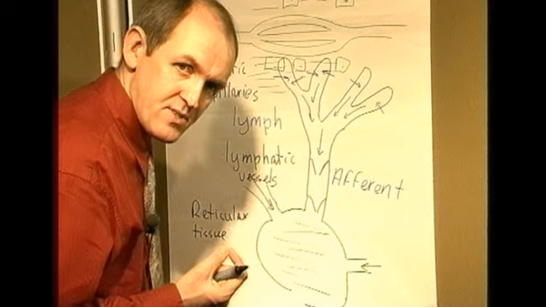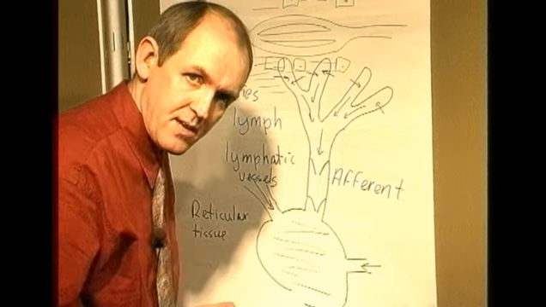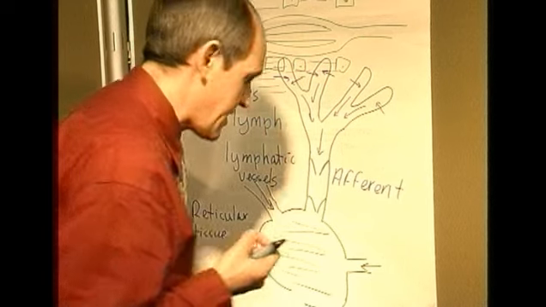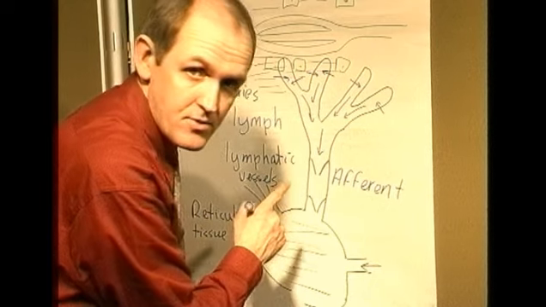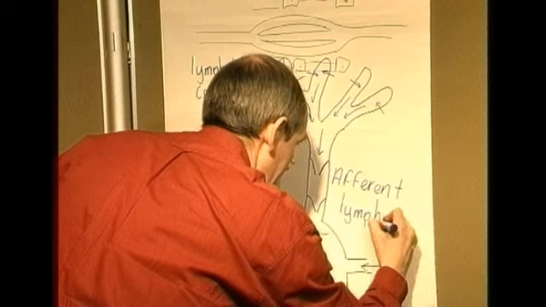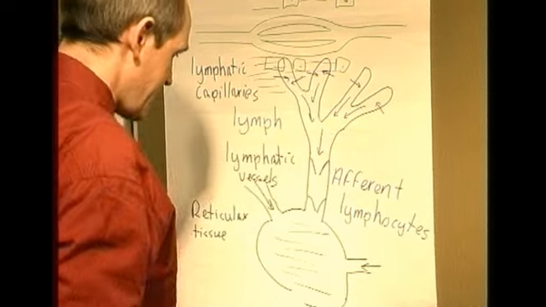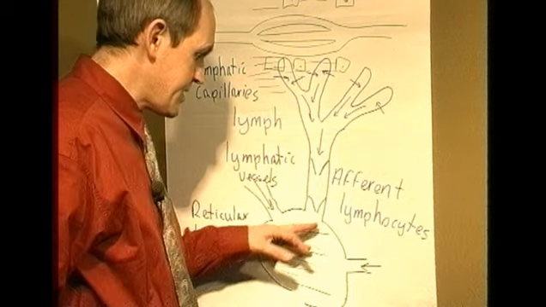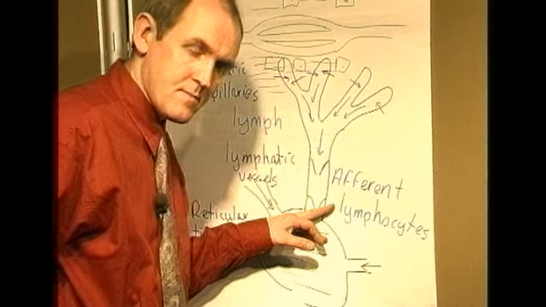Basically, two types of protective cells. The first sort are the white cells that are particularly associated with the lymphatic system, the lymphocytes. So the lymph nodes contain large numbers of lymphocytes. The white blood cells associated with the lymph nodes, and there'll be B and T lymphocytes in the lymph node.